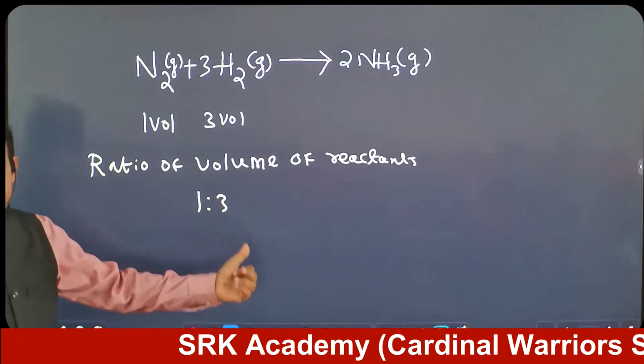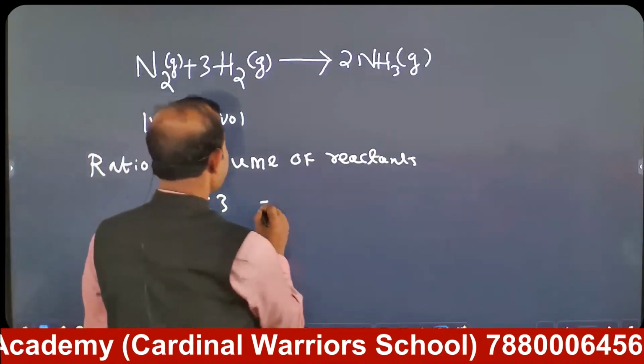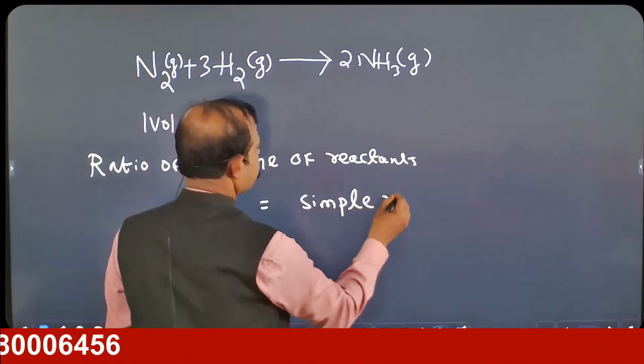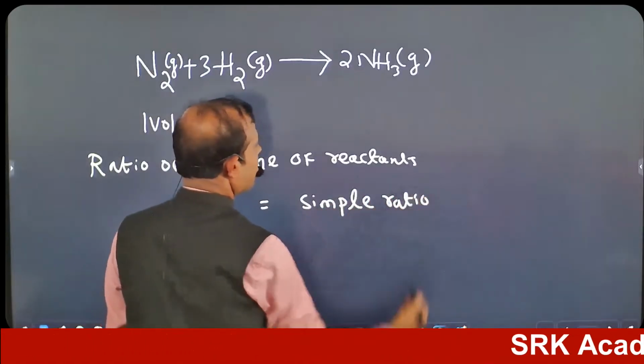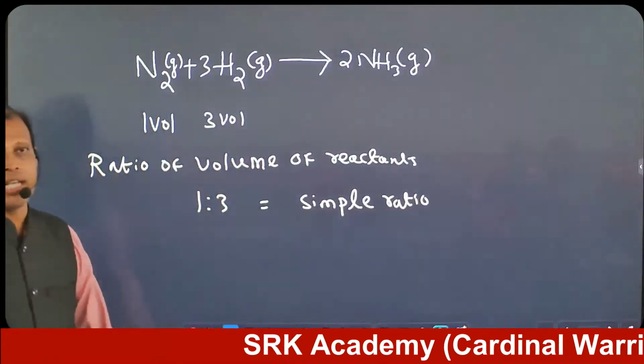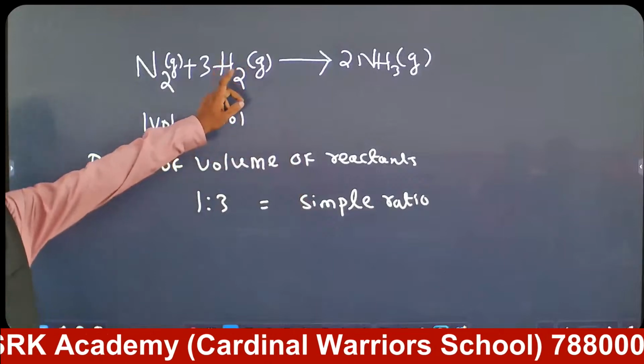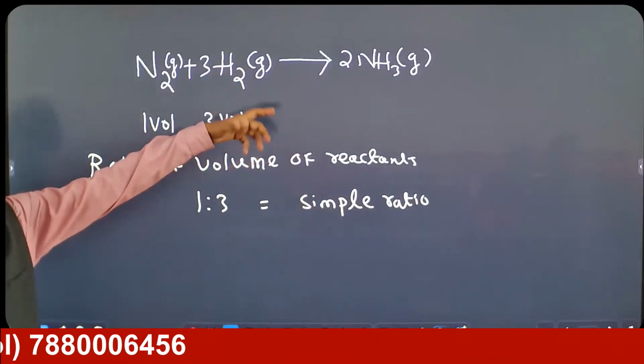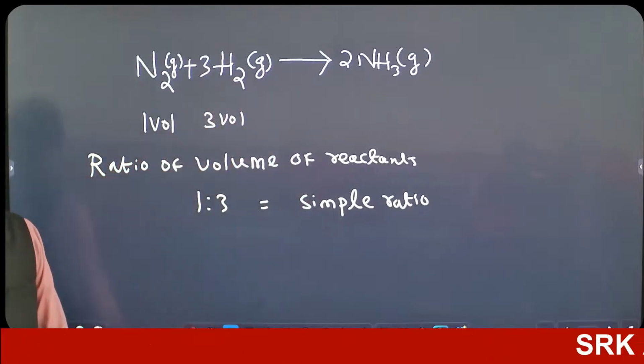That is a simple ratio. And also with the volume of the product, if the products are in the gaseous state, ammonia being a gas, right? So you have to take the volume of the product into account while taking the ratio.